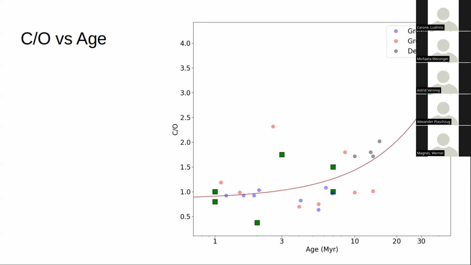This blue and red circles again represent group 1 and group 2 stars, and the black one represents the debris stars. And this box represents the M-dwarf stars. And it does look like the CO2 is going up with time. We don't exactly know why. That's something we want to work on. But it would be interesting to see why that happens.